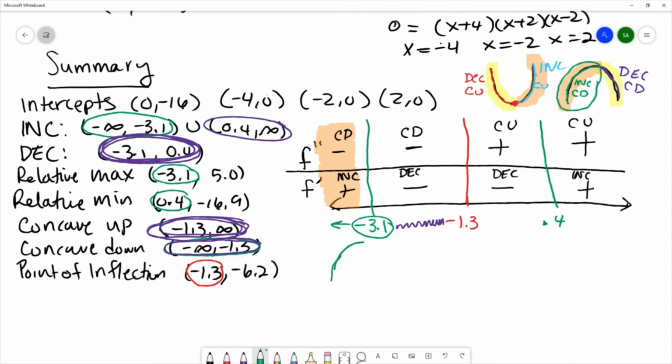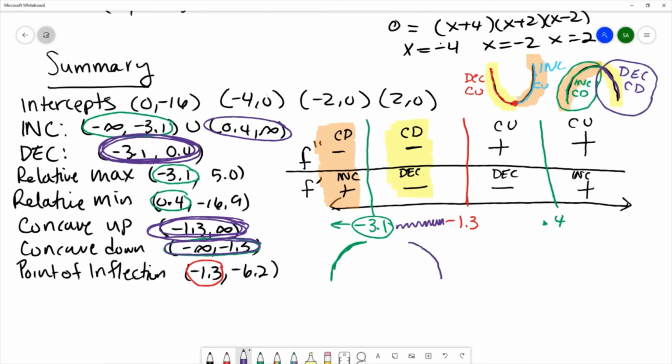Then on the next one, we have concave down decreasing, which was the one I drew in purple.